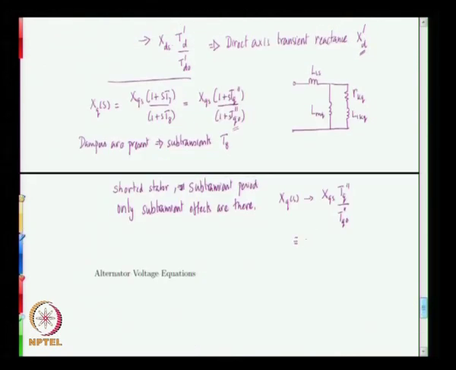and this term is then called the quadrature axis subtransient reactance. And whenever there is steady state, then s tends to 0, and we find that xq of s tends to xqs, which is the quadrature axis reactance.